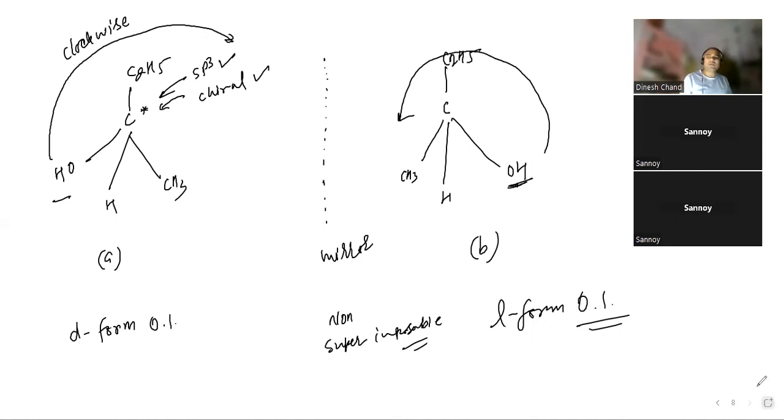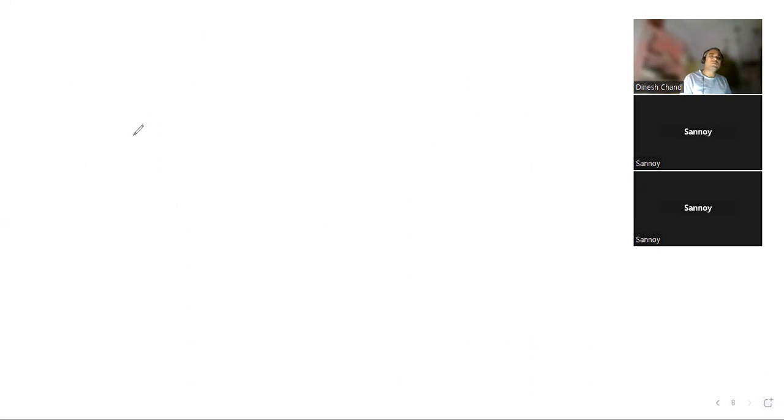So this is the optical isomerism, we also finished. Now what do we have to do? The reaction intermediate. This must have been taught in your school.